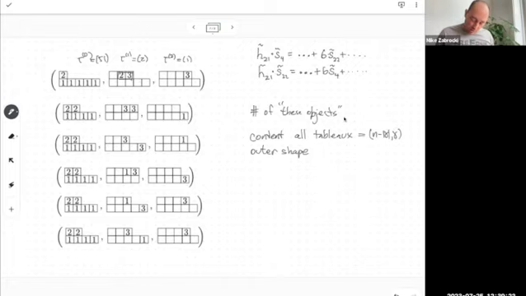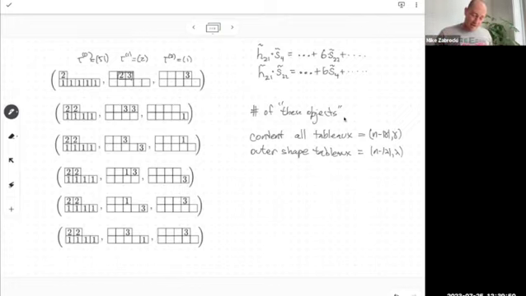The outer shape of the tableau, like the last shape, needs to be n minus size of lambda comma lambda. It's not clear that you can interchange the content and the shape in the end. So it's not a symmetric object, yet the coefficients are symmetric.